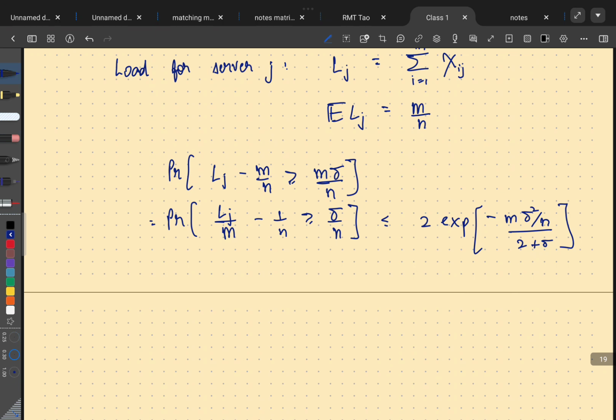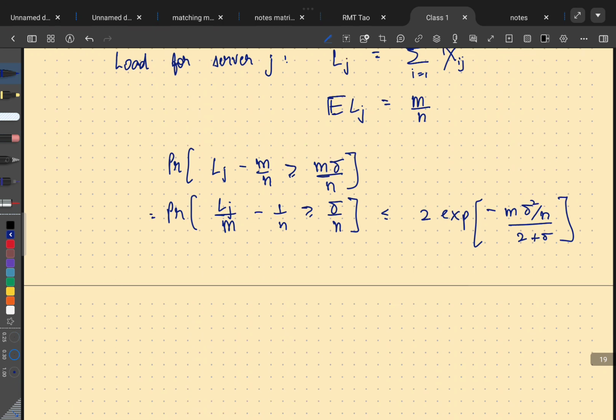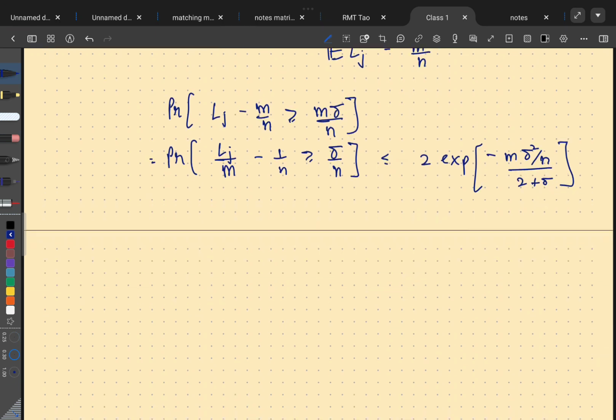So this is for one particular server j. What I'm really interested in is the probability that Lj is greater than or equal to m by n plus m delta by n for at least one j.